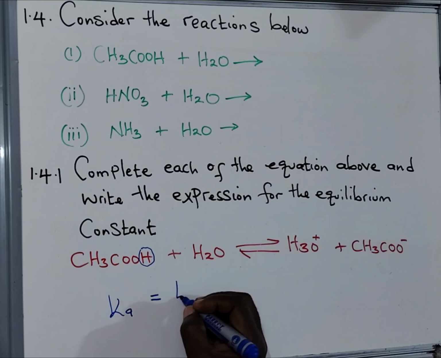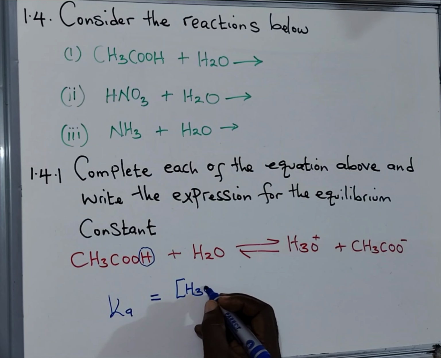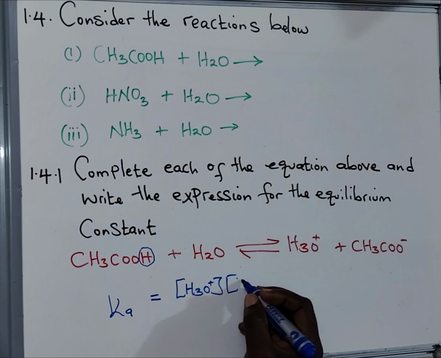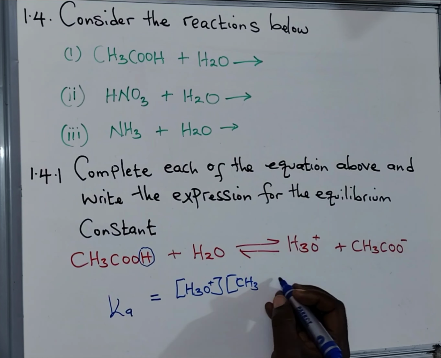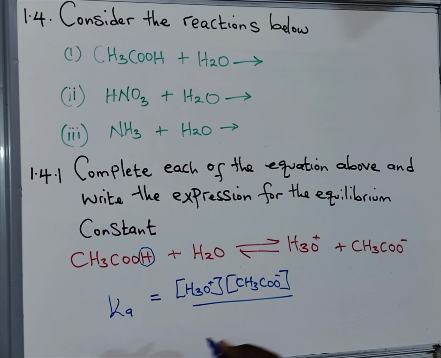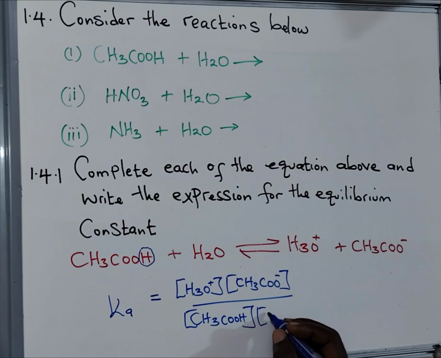You need to know that square brackets represent concentration. So you're having the concentration of hydronium ion into the concentration of that ethanoate ion over the concentration of CH3COOH, which is the ethanoic acid, into the concentration of water.